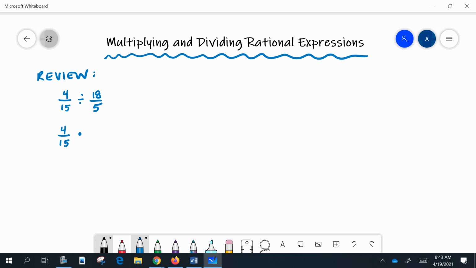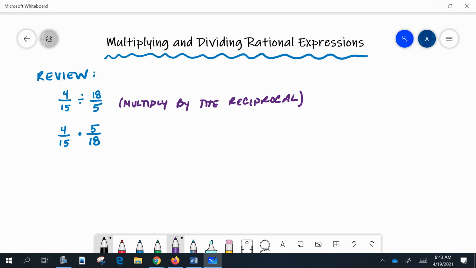All of our division problems are going to basically turn into multiplication problems, and we're going to flip this fraction and make it 5/18. Just in words, when you divide, you multiply by the reciprocal, and the reciprocal means that you flip the numerator and the denominator. So really, we're always going to be basically multiplying.